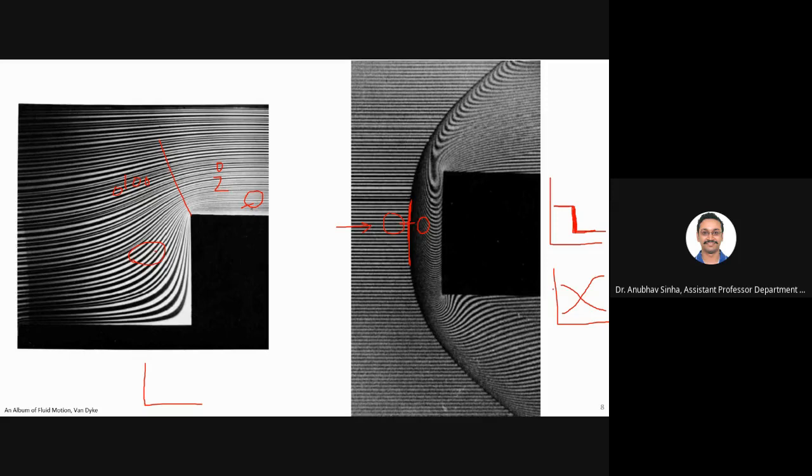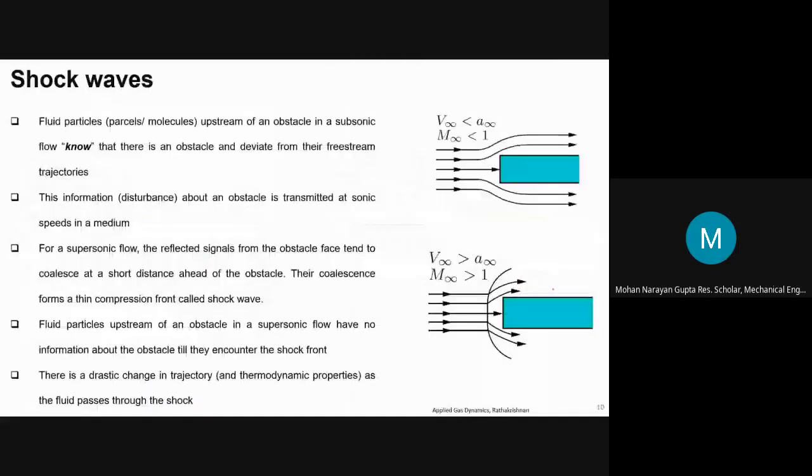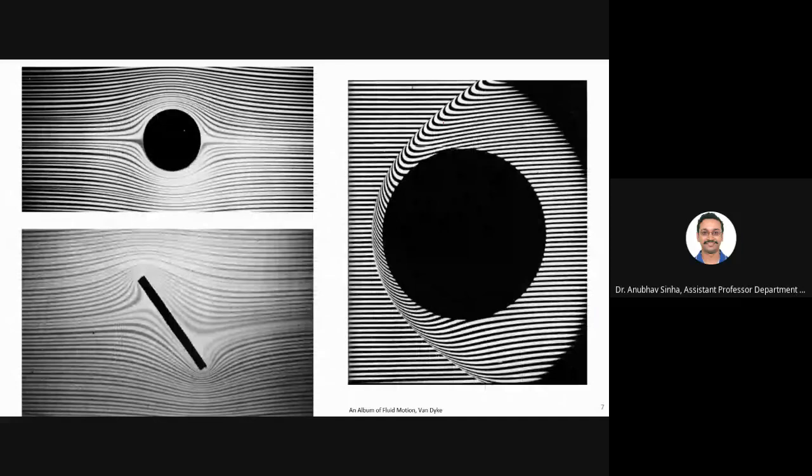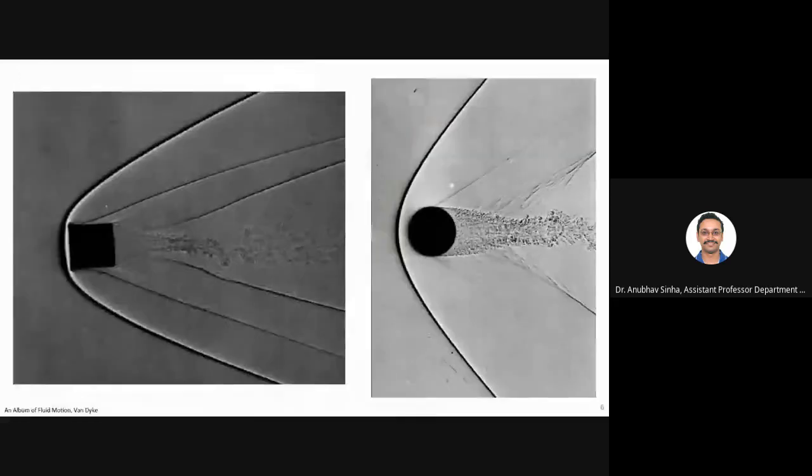Is there any role of the object's orientation, presence, size? Is there any impact on the shock? What about this? This is a circular object. You see shock formation for a circular object, a square object.